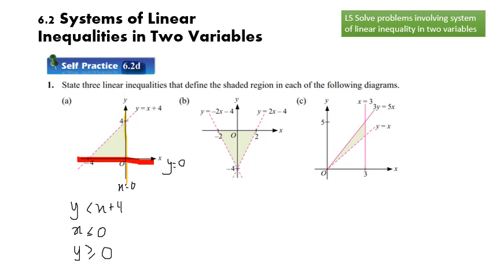Alright, so B. So soalan B dia ada 3 inequality, maka kita pun tengok ada 1, 2, 3. So first, y negative 2x minus 4. Okay, kawasan ni, graf ni dan dia ke atas. So ke atas greater. Okay, yang ini pula, so y, ini 2x minus 4.